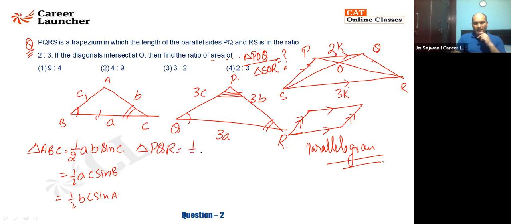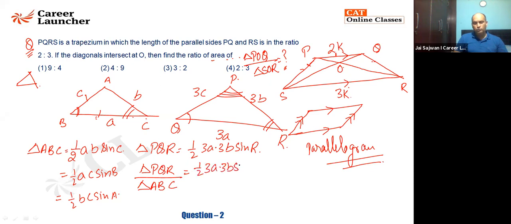If you don't mind, I can write half of 3a into 3b into sine R, which is the same as sine C. So when I talk about the area of PQR, delta always represents area. जहां पर भी मैं ये delta डालूंगा, that means it is the area of a triangle. Fine. I'm not going to write the area as a whole word. I'll put the delta sign, and delta means it is the area of a triangle. So this comes out to be the area of triangle ABC. आपने कहा sir half of 3a into 3b into sine R.